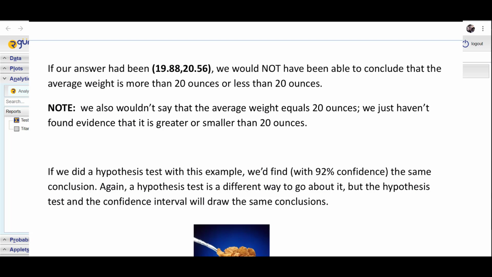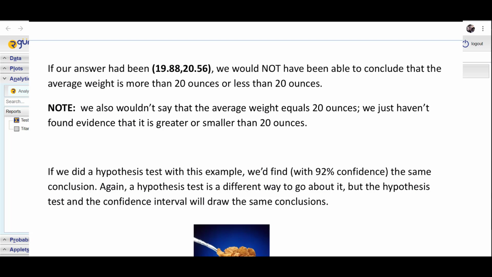And for that, I want you to think about this. We never say that we find the defendant innocent. Have you ever noticed that? We only say we find the defendant guilty or not guilty. We never say we find the defendant innocent. So we can never say that we find that something is equal to an exact number.